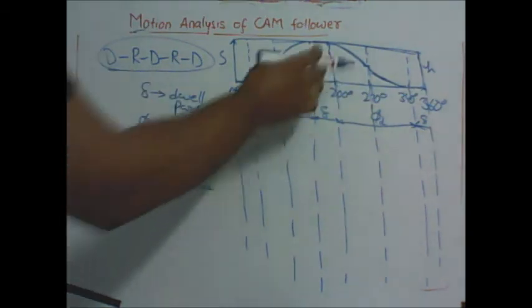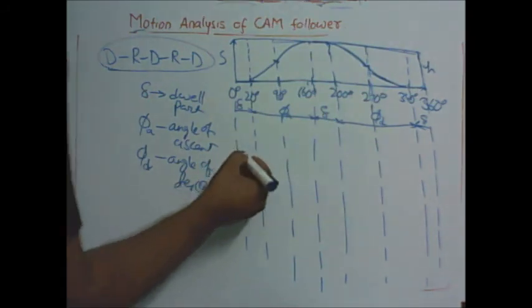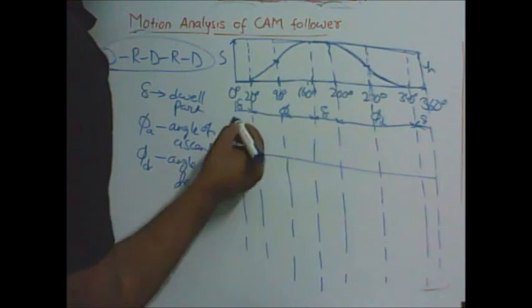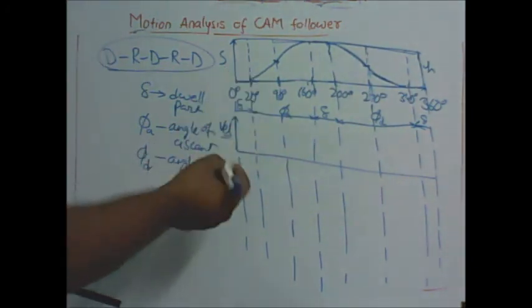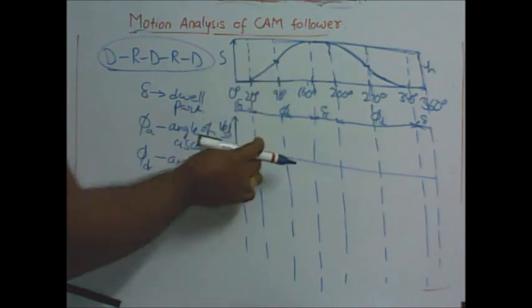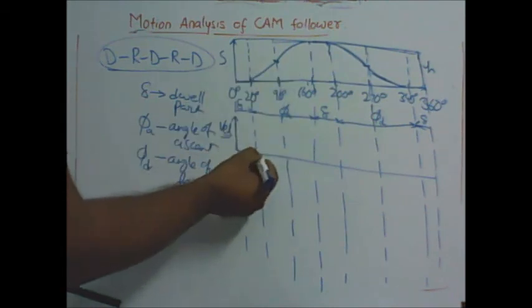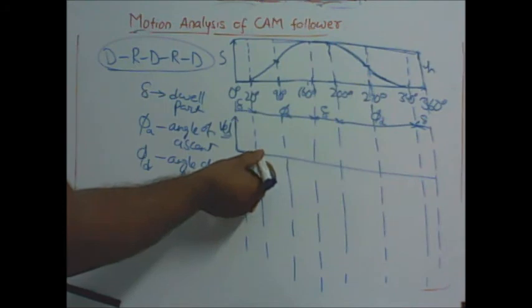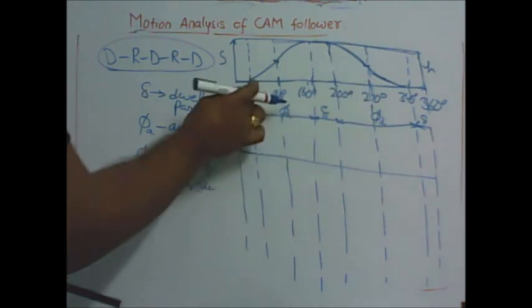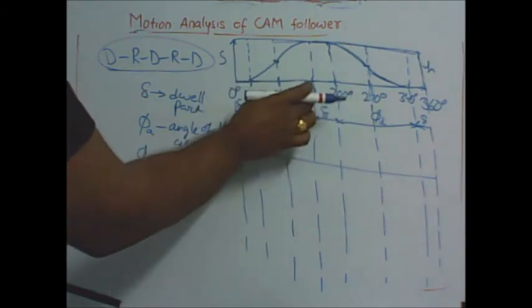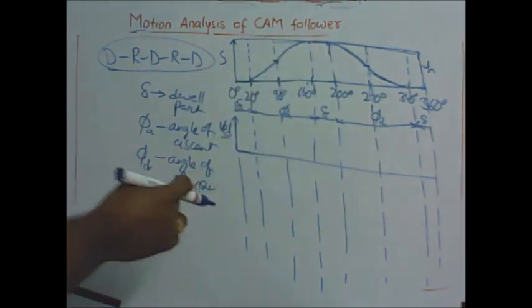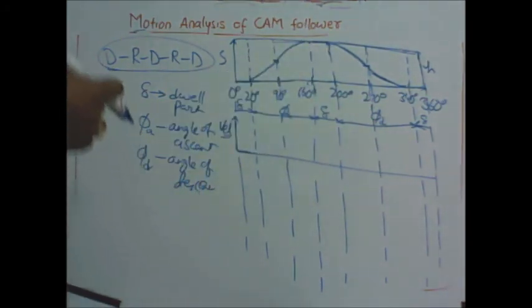Now when we project that for velocity, since there is no displacement from 0 to 20, there is no velocity. From 20 degrees to 160 degrees it is the rise part, and the rise part we have seen is a function of sine.